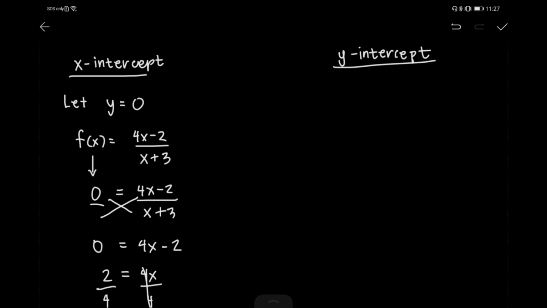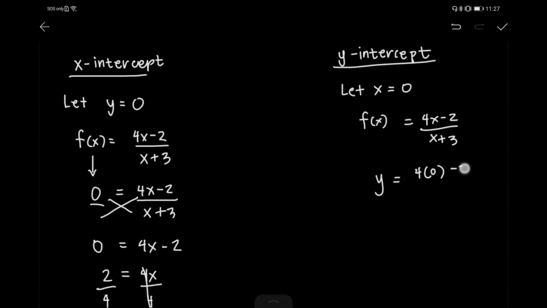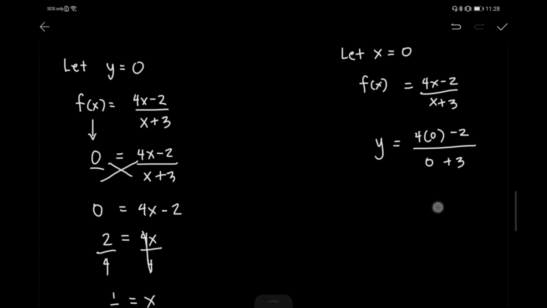To find the y-intercept, we have to let the value of our x be equal to 0. So in our original given function, f of x is equal to 4x minus 2 all over x plus 3, solve for the value of y. So this is 4 times 0 minus 2 all over 0 plus 3. 4 times 0 is 0, so we have negative 2 over 3.